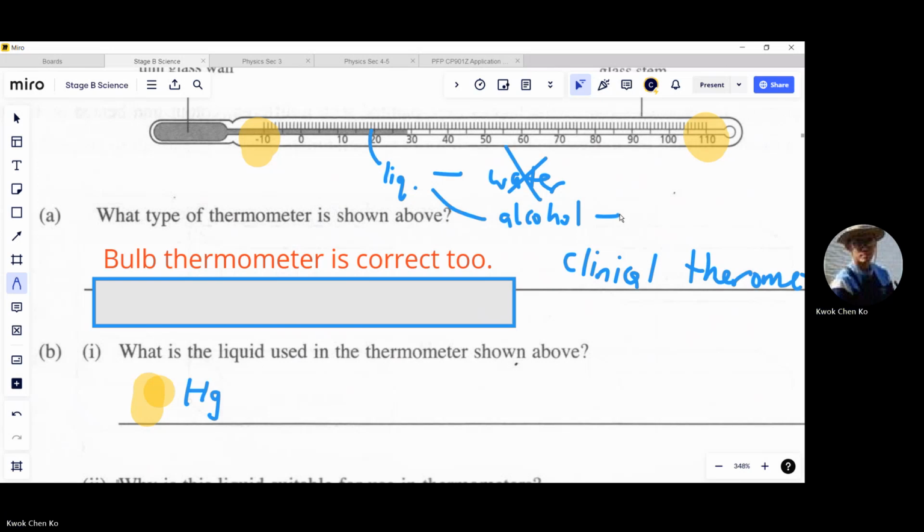What's the boiling point for alcohol? It's 78. So anything once it's above 78 becomes a vapor, and it can't work in the thermometer anymore. So alcohol is out too. But mercury's boiling point is about 300, I can't remember the exact number, but definitely more than this number here.